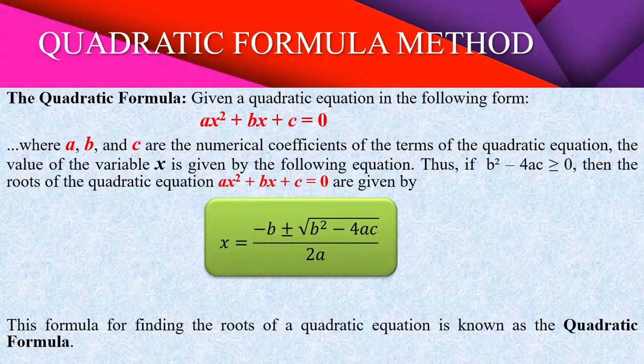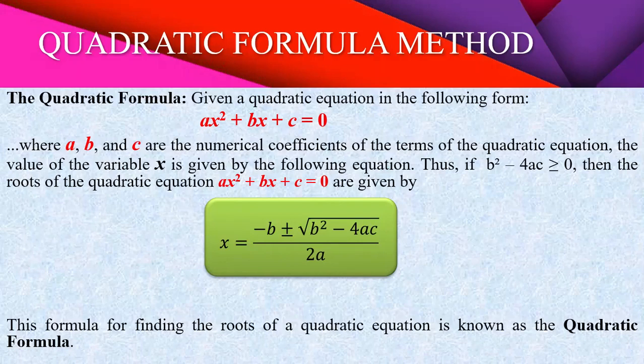That is x equals to minus b plus or minus root of b square minus 4ac divided by 2a. So this formula we have obtained in the last step of completing square method. So this formula is known as quadratic formula.